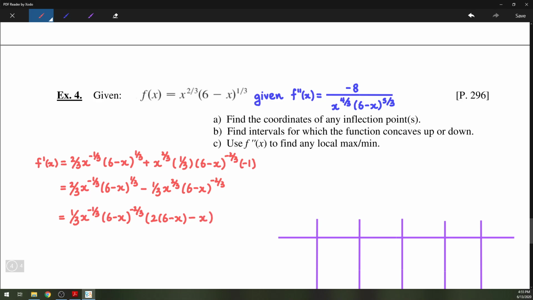So that's the result from factoring that we have. And now we can simplify what's in the parentheses a little bit. Let's see what that gets us. That will give us, in the end here, 12 minus 3x.